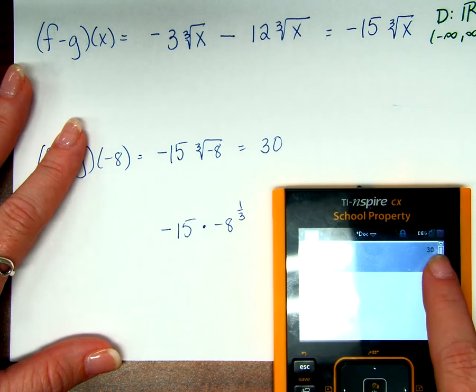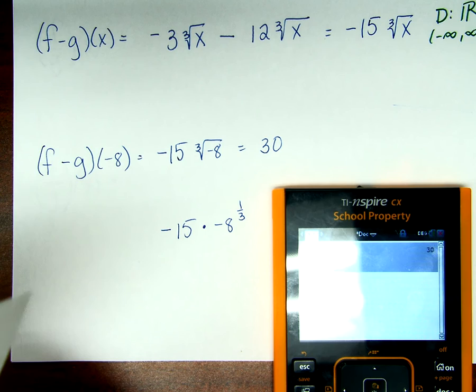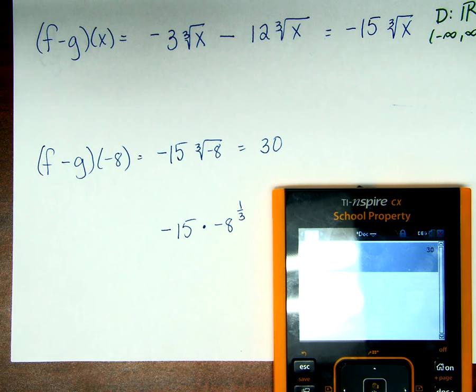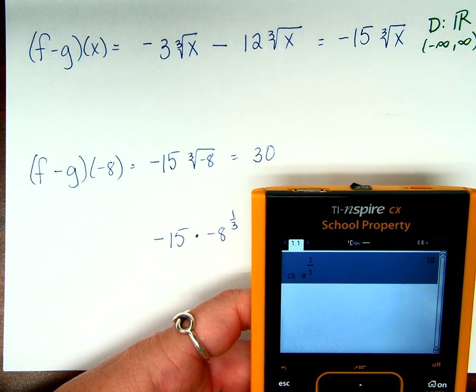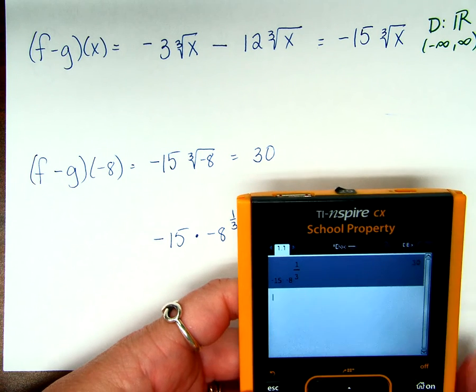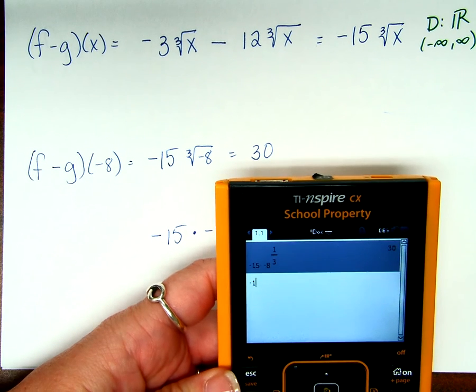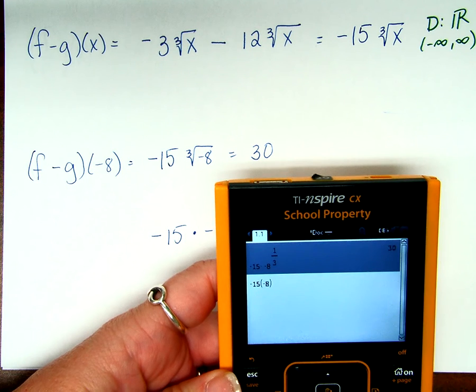This time it gives me 30, so let me look at my work real quick for the other problems and see if I can figure it out. No. Be careful with this. That's all I'm asking you to do, okay? Negative 15, negative 8 raised to the 1/3 power.